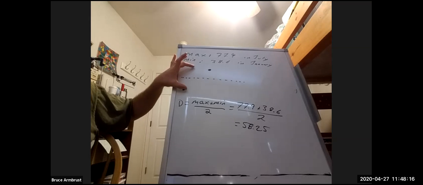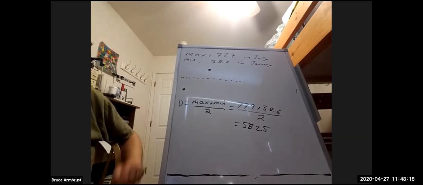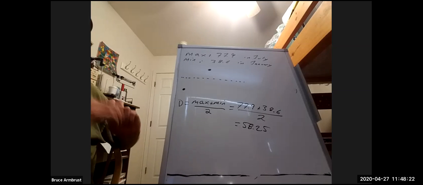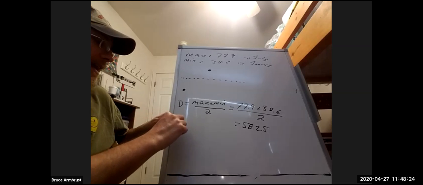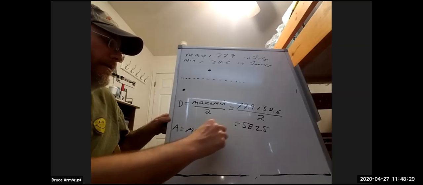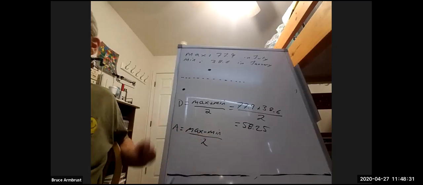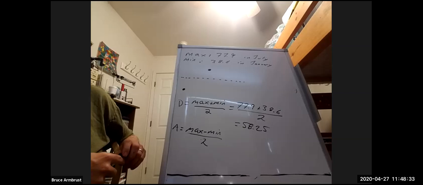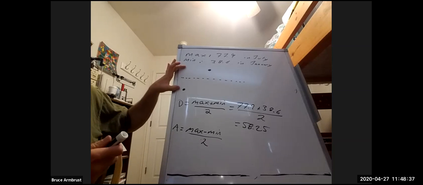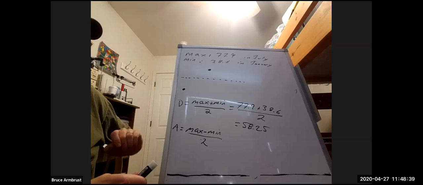If we get the difference between top and bottom, that's actually double the amplitude. So we can do one of two things. To get A, you can do max minus min divided by 2. So that's one way that will work. Okay, so you take half of that difference and divide by 2.